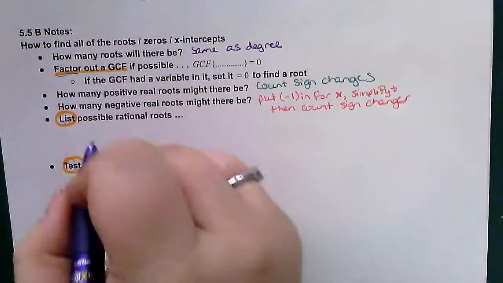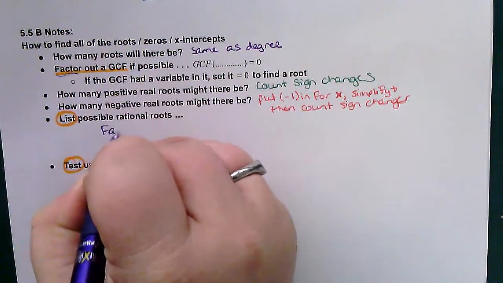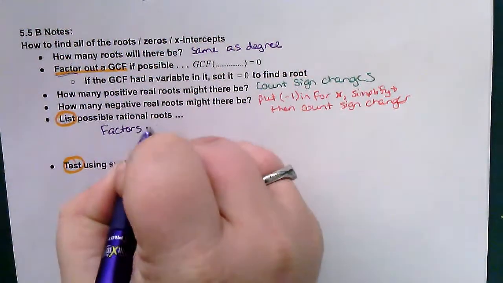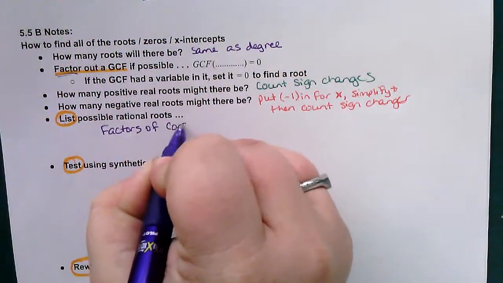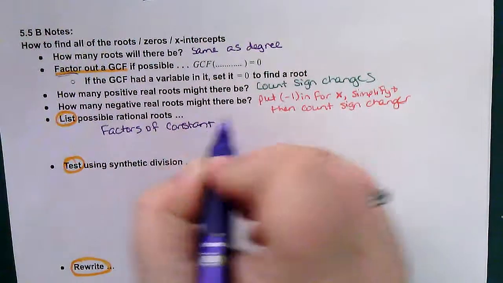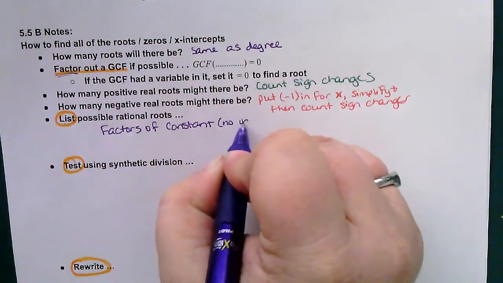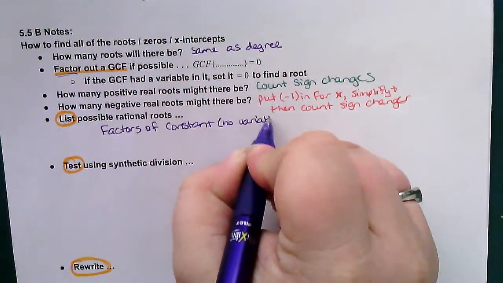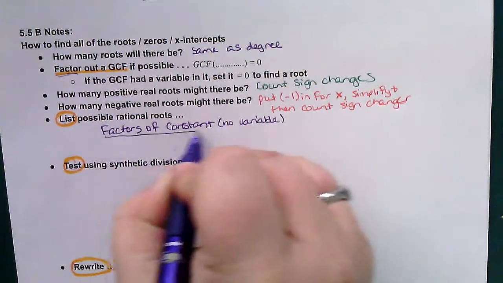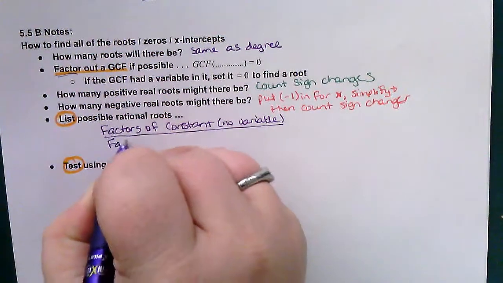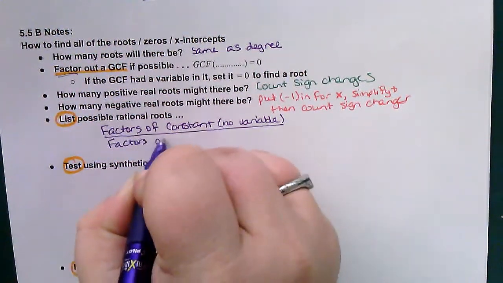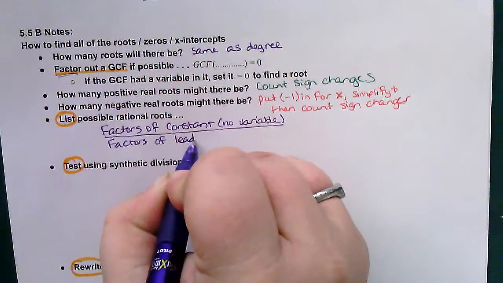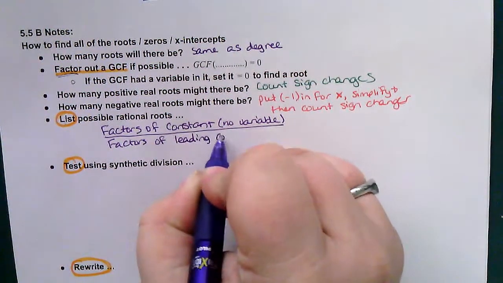So how do we get that list? Well, the list are the factors of the constant. And remember, that's the one with no variable, divided by the factors of the leading coefficient.